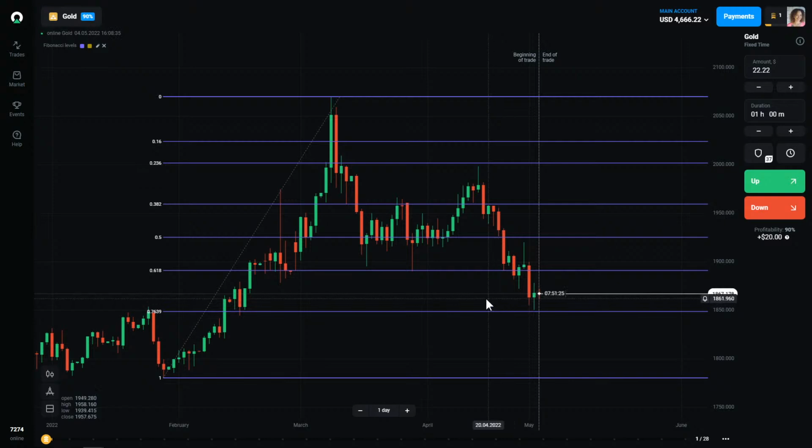But whenever the price is trading close to one of the levels, we can expect a few things to happen. One is that the price may stall and travel sideways. The price may bounce and start moving in the direction of the previous trend. Or the price may break through one of the levels and move on to the next level of support or resistance.